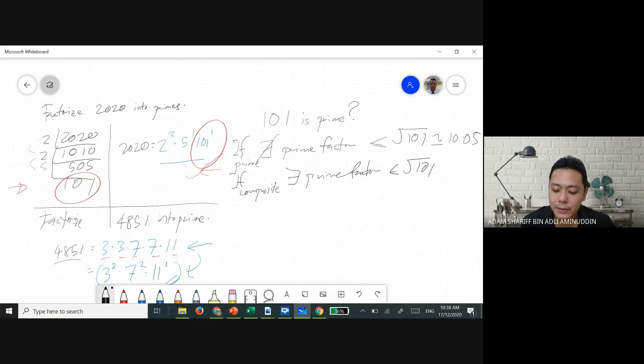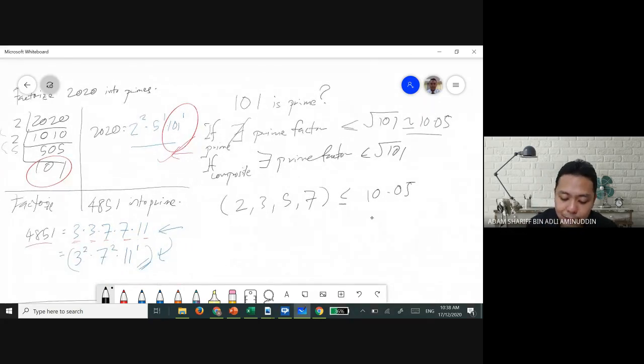Okay, so saya tengoklah, saya carilah prime factor up until 10. So 2, 3, 5, 7. Inilah prime factor less than 10.05. What I need to check is very simple. 2, can it divide 101? Cannot. 3, cannot. 5, cannot.